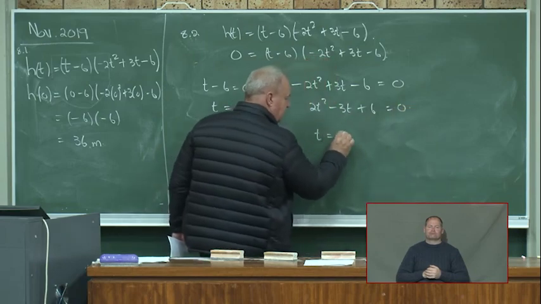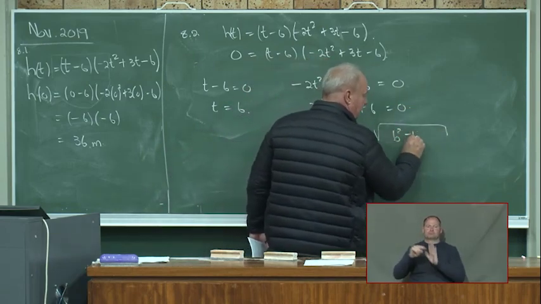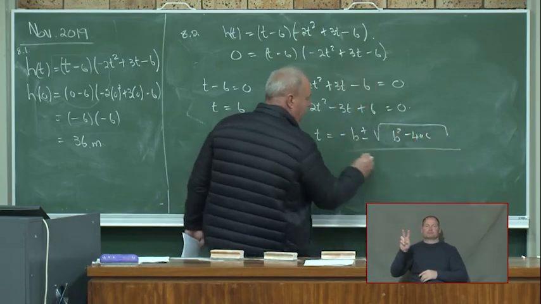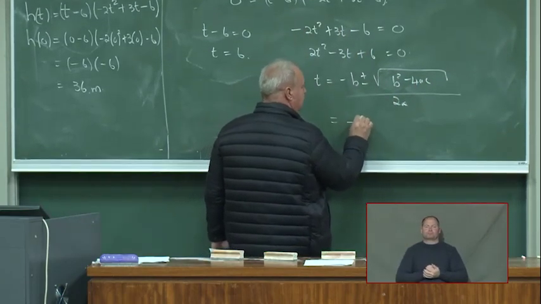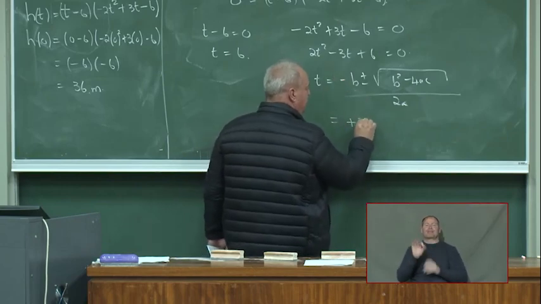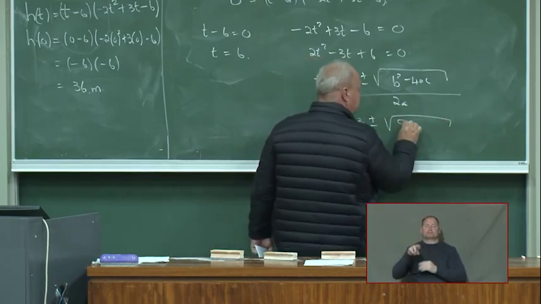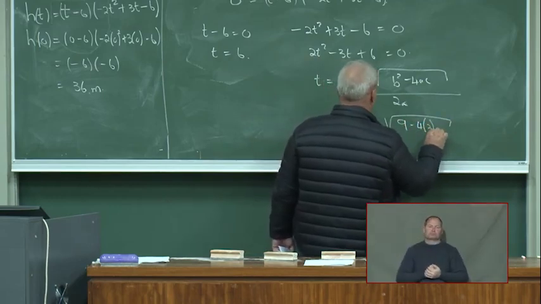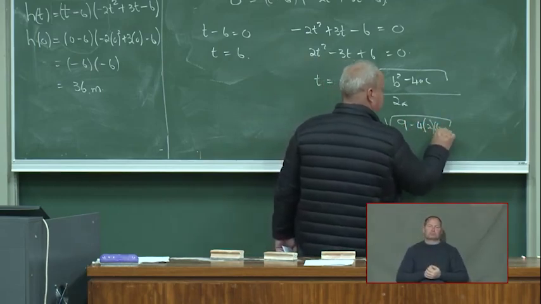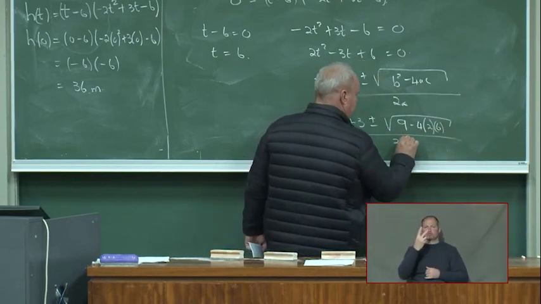So t is equal to minus b plus or minus the square root of b squared minus 4ac, divided by 2a. So that is equal to negative 3, which is positive 3, plus or minus the square root of negative 3 squared, which is 9, minus 4 times a, which is 2, times c, which is 6, over 2 times a, which is equal to 4.